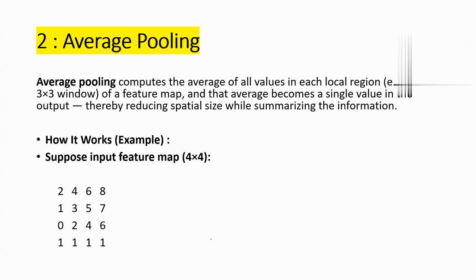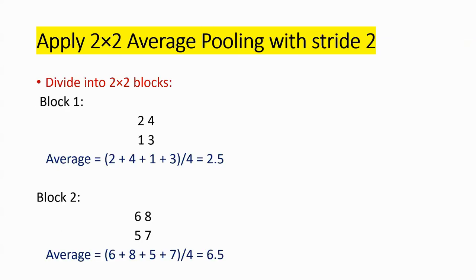We have to see how to calculate average pooling. Suppose we take an input data set or input map, a 4 by 4 matrix: 2 4 6 8, 1 3 5 7, 0 2 4 6, 1 1 1 1. We divide it into blocks. Block 1 is 2, 4, 1, 3. Here, how to calculate the average?